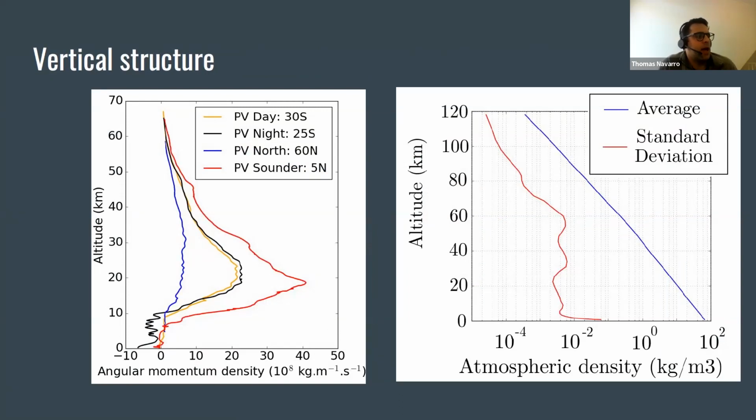I plotted the angular momentum density from Pioneer Venus that peaks near 20 degrees, 20 kilometers of altitude, indicating that there is a large reservoir of angular momentum for the super-rotation. And on the right is a simulation by the GCM showing the atmospheric density that decreases with altitude and the standard deviation accounting for the fluctuations over many solar days.